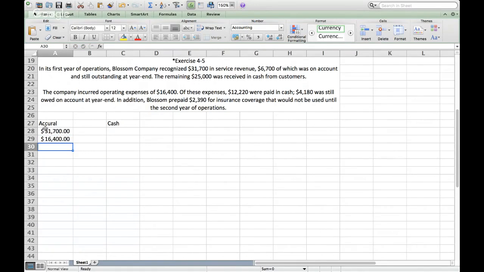Now this is the accrual part. So where it has all of the expenses paid out in cash and on account still, we don't need to look at those, because as a whole, the company is just recording what is happening as a whole. So where they recognize $31,700 in service revenue, and then they recognize that they are going to have $16,400 in expenses, they just recorded it right then.